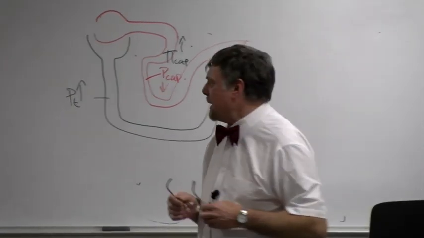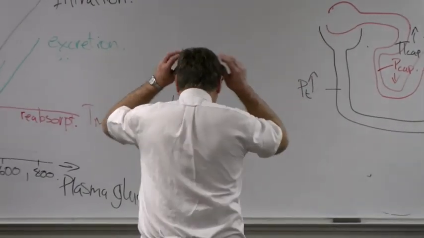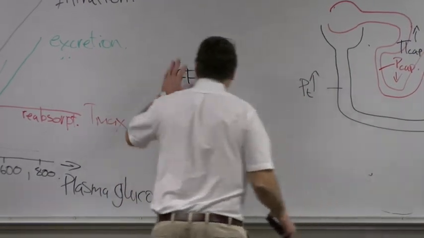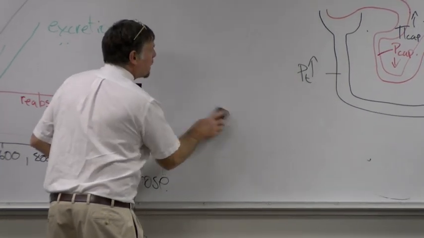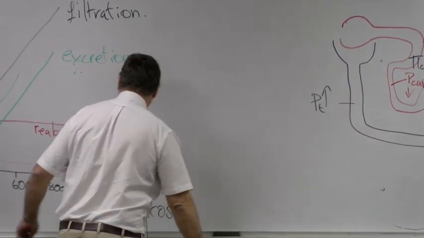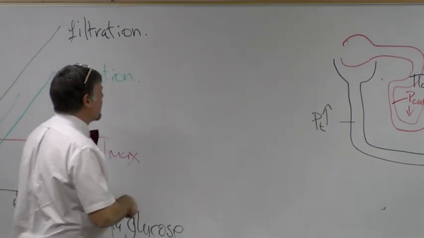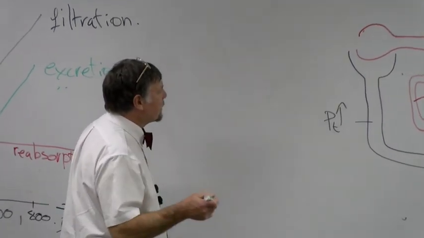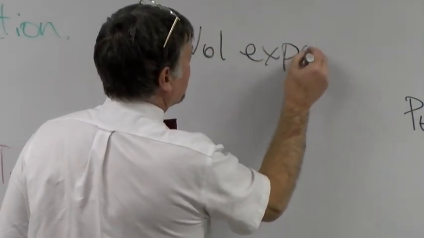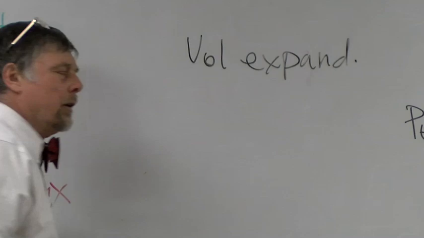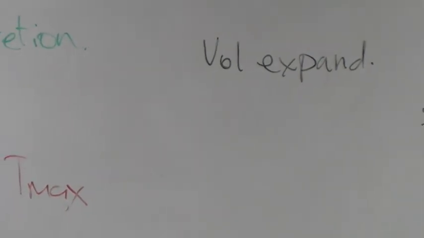Let me set this up now such that instead of the GFR going up, I don't know whether I can use the same diagram or not, or whether I should do a new diagram. So in this case, let's just go through volume expansion. So we have a volume expansion, and it would make sense if you have a volume expansion that you want to pee more.